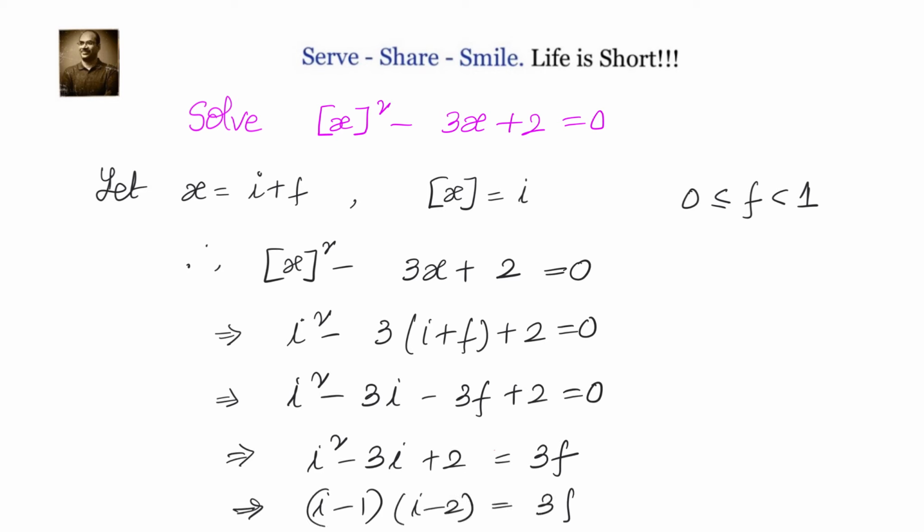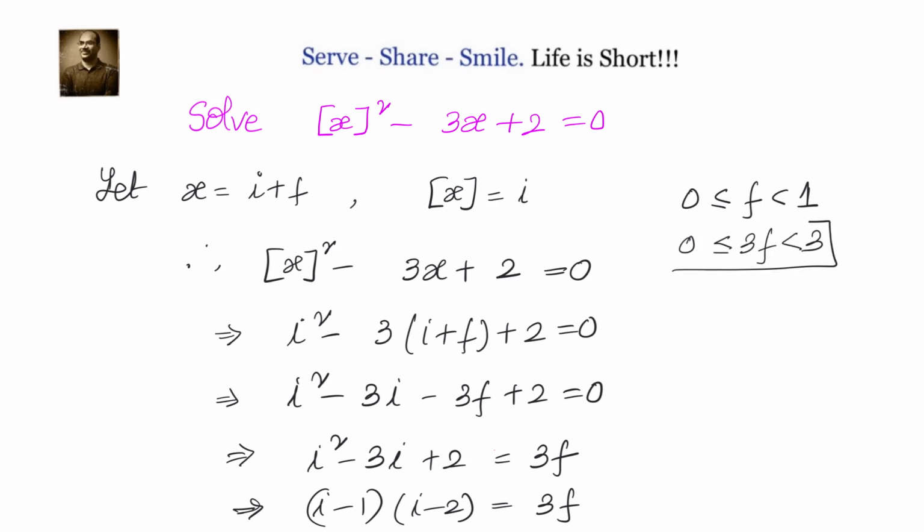Since I is an integer, I minus 1 and I minus 2 multiplied together give an integer only. That means 3f should be an integer. But we also know that 3f should be between 0 and 3, which gives us that 3f can only have the values 0, 1 or 2.